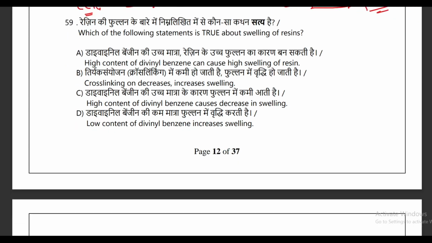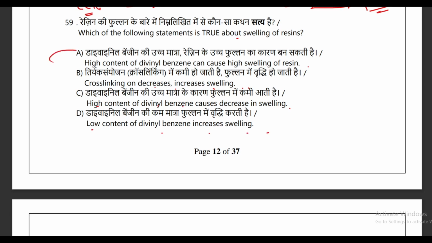In the next question, which of the following statements is true about swelling of resins? First is, high content of divinyl benzene can cause high swelling of resin. Second, cross-linking increases swelling. Third, high content of divinyl benzene causes decrease in swelling. Fourth, low content of divinyl benzene increases swelling.